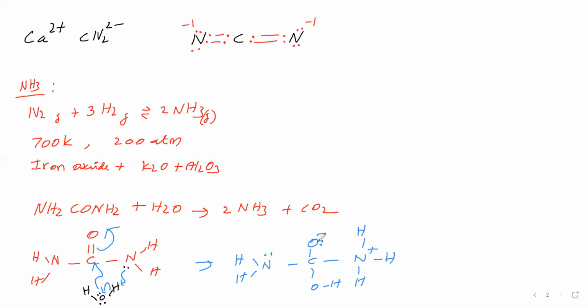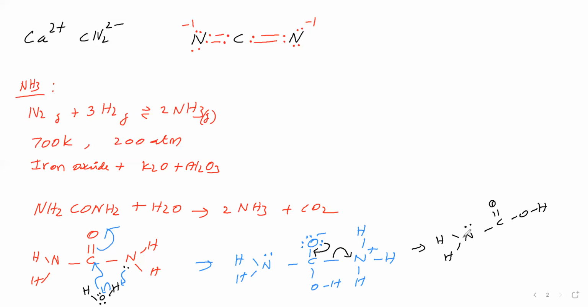Next, this O minus has 3 lone pairs. This lone pair is shifting as a bond pair, and this bond pair is shifting as a lone pair. Therefore, we are getting NH2 COOH, with NH3 detaching.